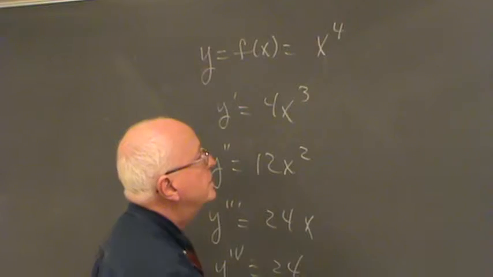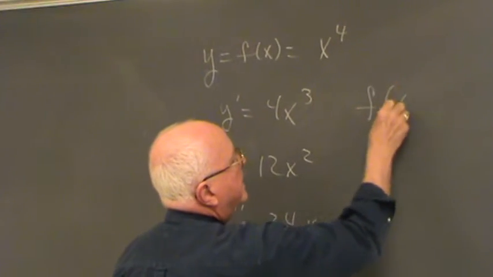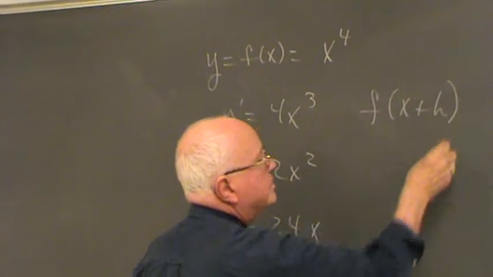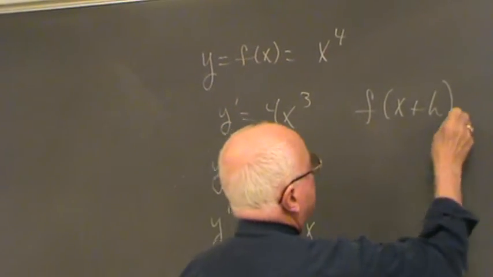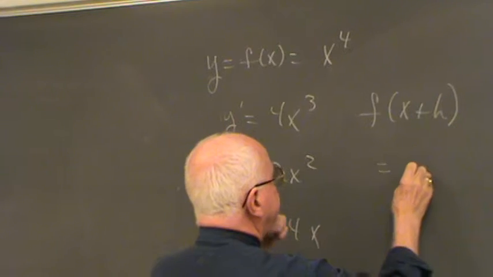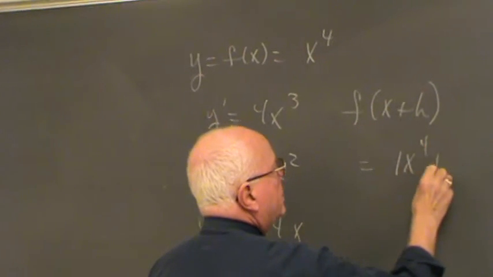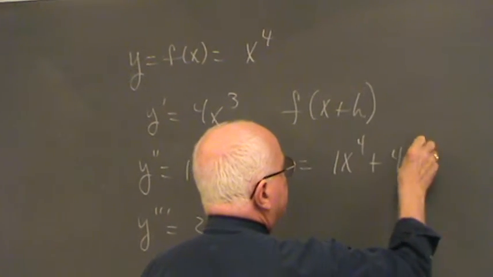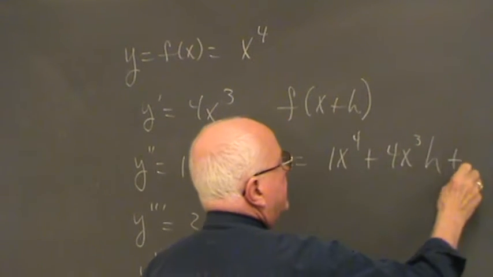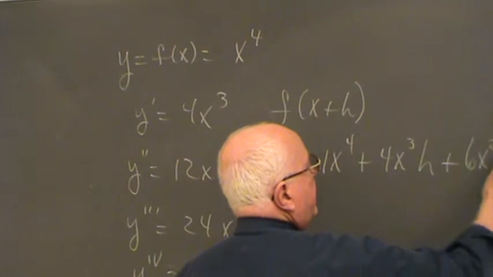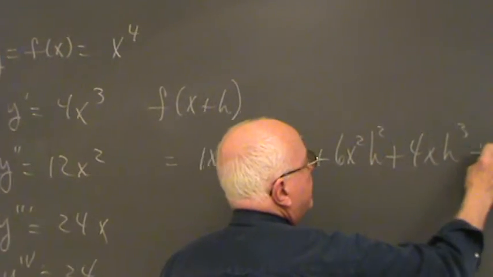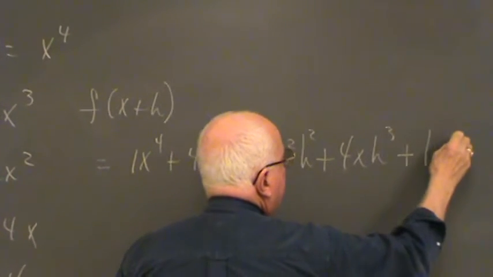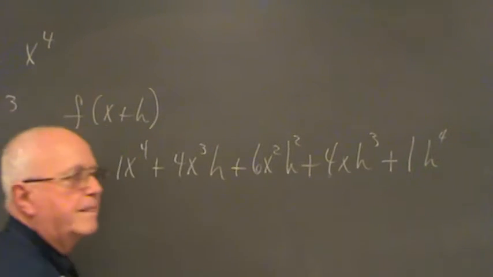Now, what I'd like to do is take the function f of x plus h, which we use in deriving the derivatives. And f of x plus h now is going to be 1x to the fourth plus 4x cubed h plus 6x squared h squared plus 4x h cubed plus 1h to the fourth.